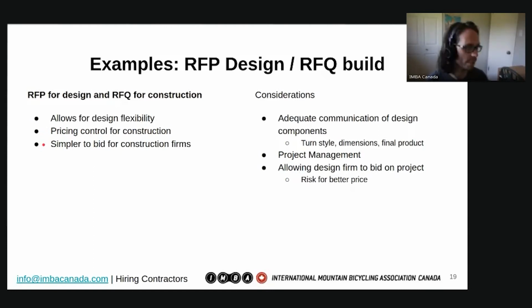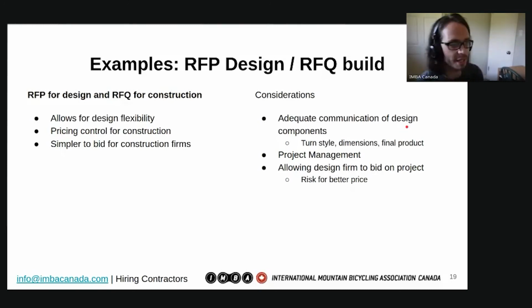So if you're looking to entice somebody who maybe has good trail experience, but isn't as sophisticated when it comes to putting in really complex proposals for this kind of work, you can probably get their attention by structuring it this way.